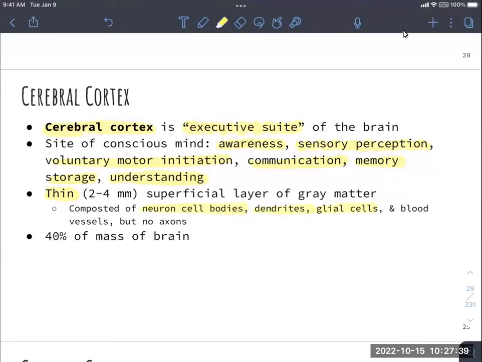Glial cells are kind of those cells that help out with the immune system. We have blood vessels. Our brain uses a lot of oxygen just to function daily. The cerebral cortex does not have axons, and it makes up 40% of your brain's mass. That's quite a bit.